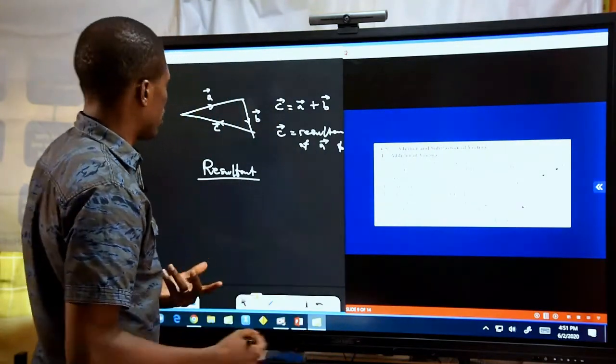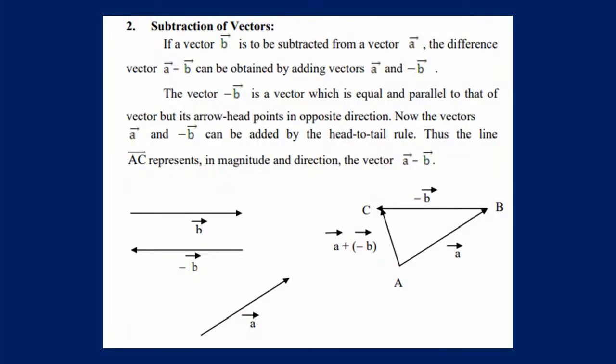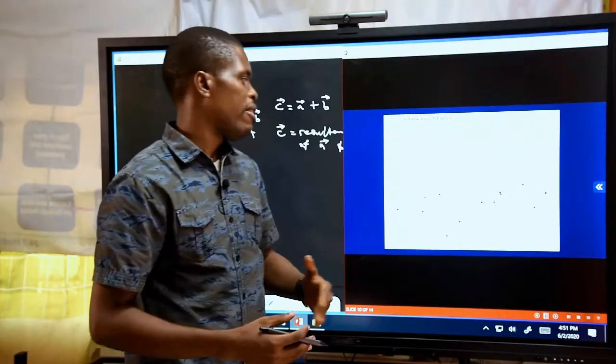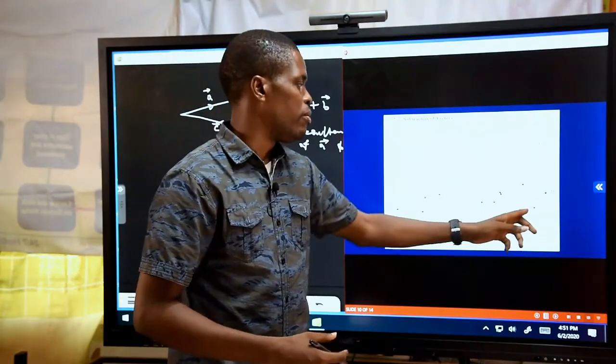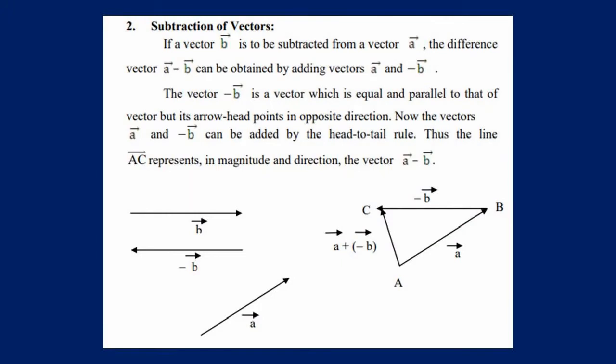We can also look at subtraction of vectors. When two vectors are subtracted, the direction of the vectors is considered, and it's just like adding in reverse order. As shown in the diagram, AB is vector A, and BC is negative vector B. So if you want to have the value of AC, you add them in reverse order.